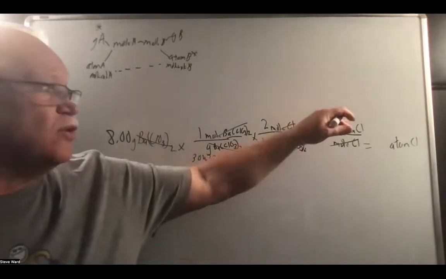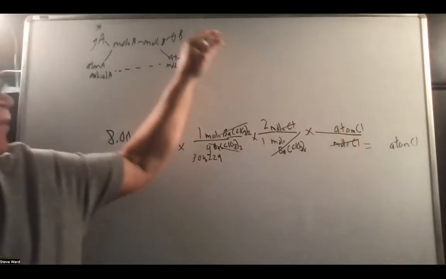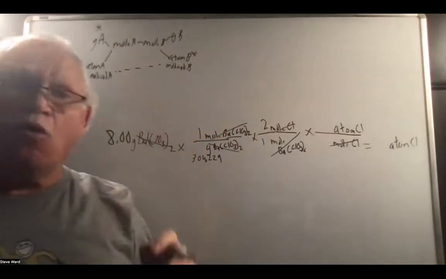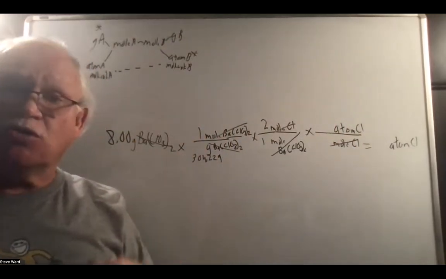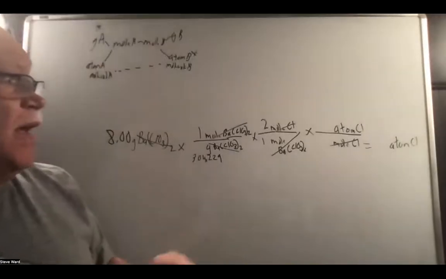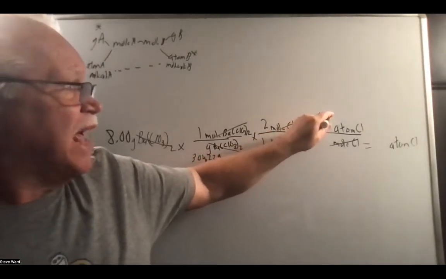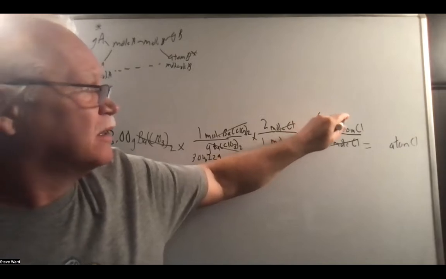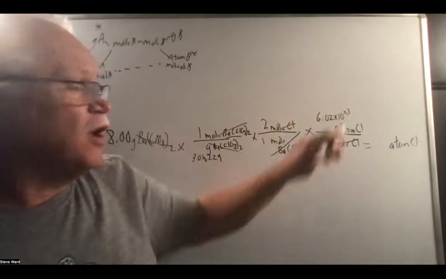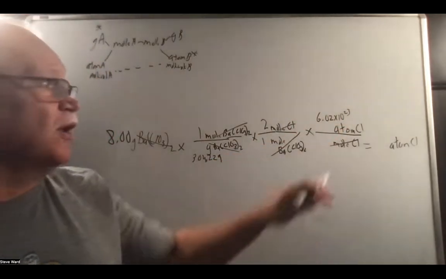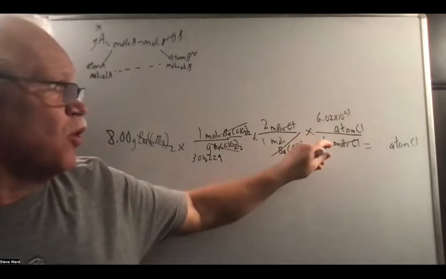The next one, how do I go from moles to atoms? If you look at your mole map, that's where it says use Avogadro's number. And remember, Avogadro's number is always that many things, 6.02 times 10 to the 23rd atoms per 1 mole.